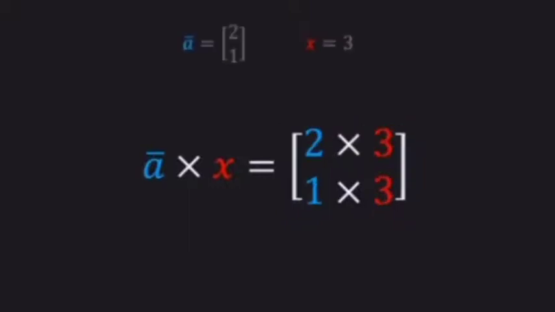Let's have an example using numbers. Let's say vector A is (2, 1), and we're going to multiply that with the scalar x, which is equal to 3.